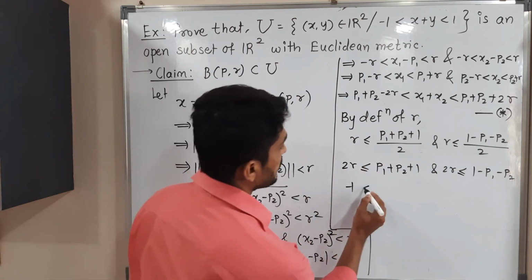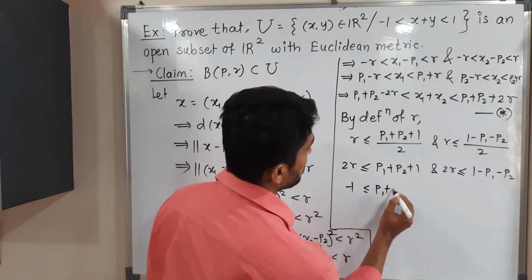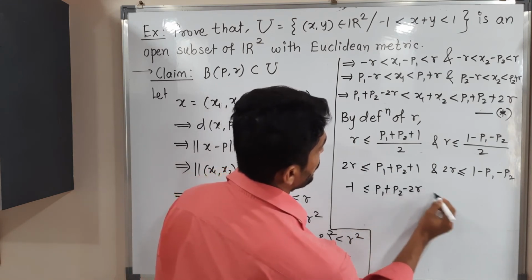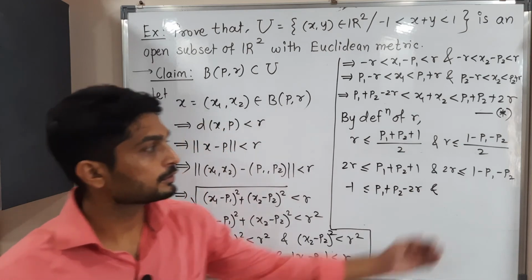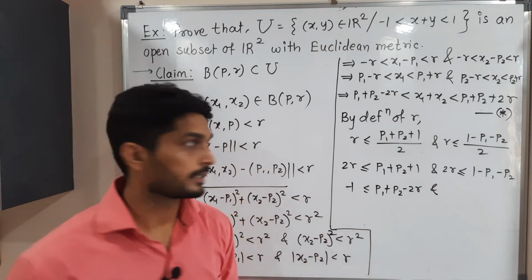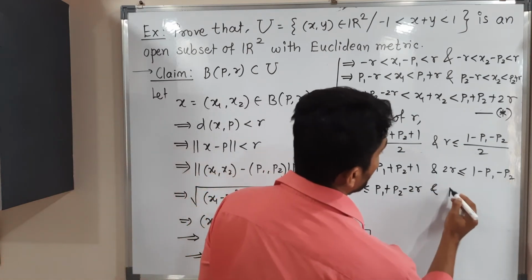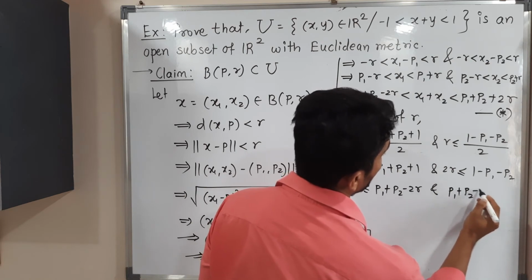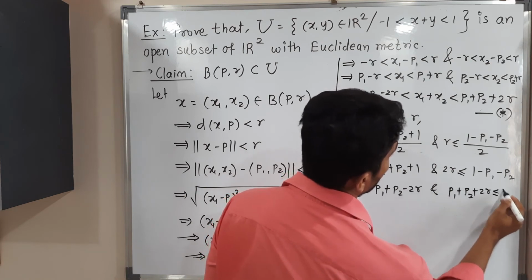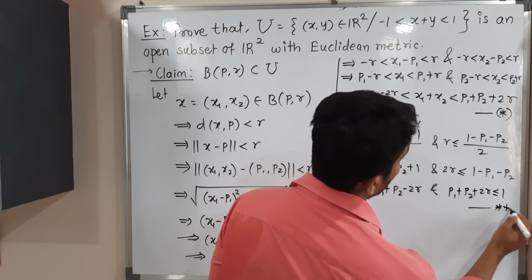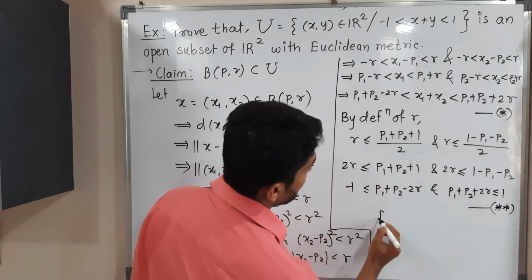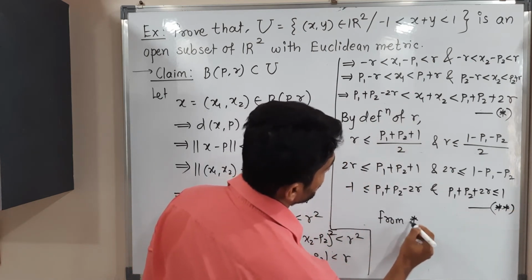So minus 1 less than or equal to P1 plus P2 minus 2R. Here, I am shifting P1 plus P2 to this side. Both of them have a minus sign, so if you shift those terms here, we will have a plus sign. This is double star.